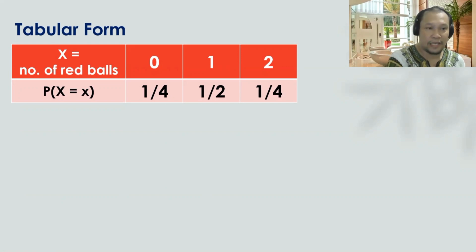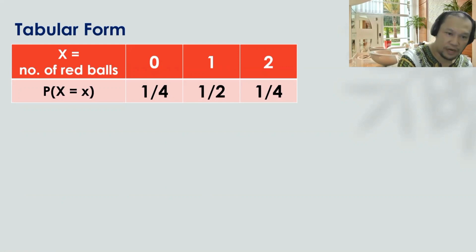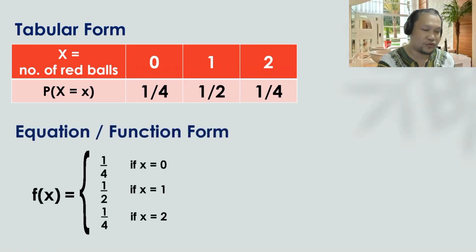Okay? Or if you do not want the tabular form, you can have the equation or function form, wherein f(x) is equal to 1/4 if x is equal to 0, meaning the probability of x when x is equal to 0 is 1/4.